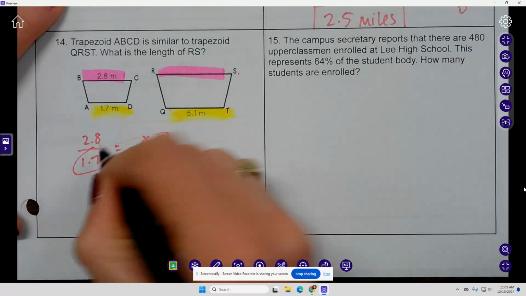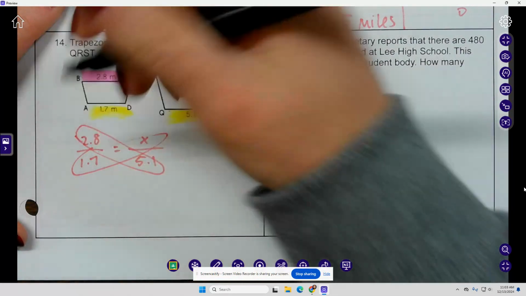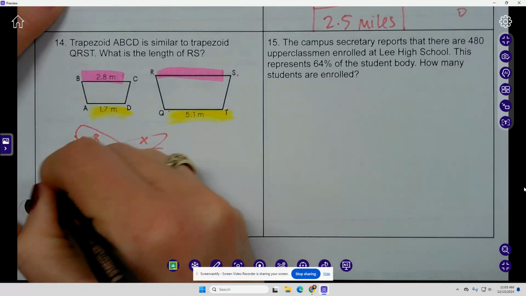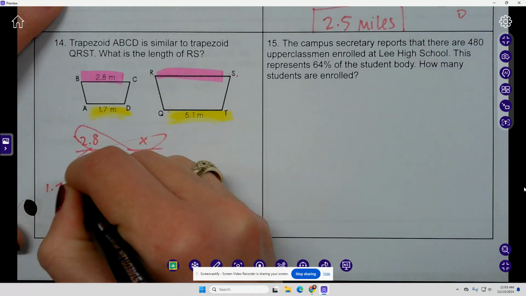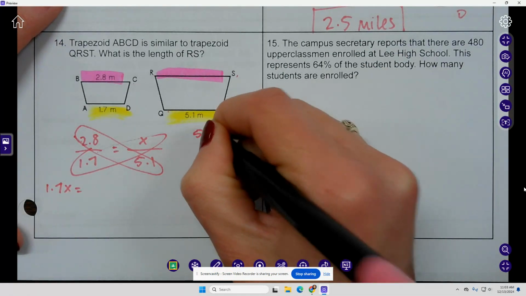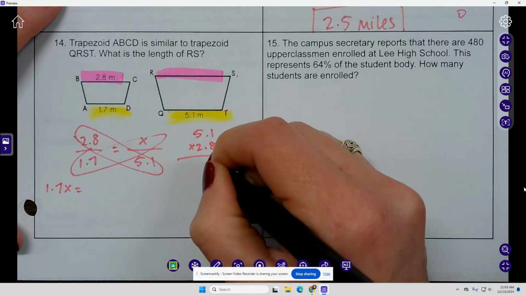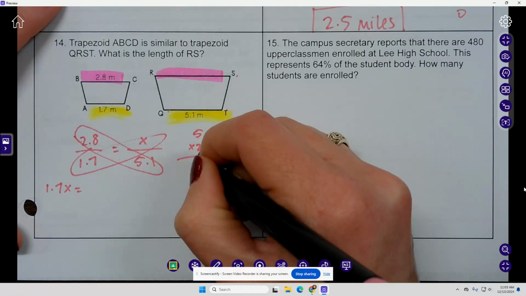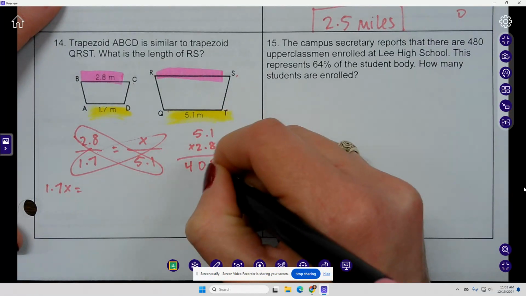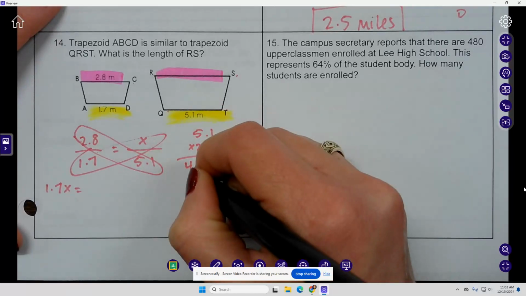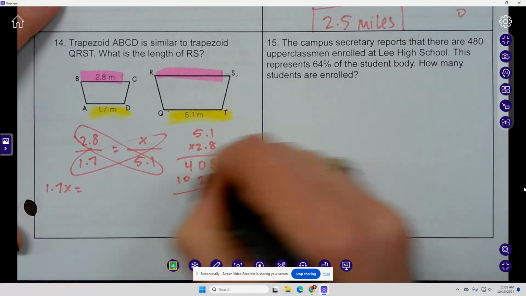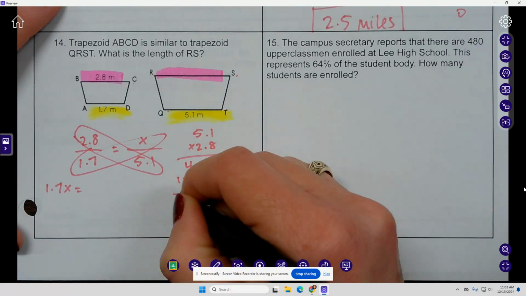I'm going to cross multiply. So that is 1.7x equals, I need to do 5.1 times 2.8. 8 times 1 is 8. 8 times 5 is 40. 2 times 1 is 2. 5 times 2 is 10. Add those up.